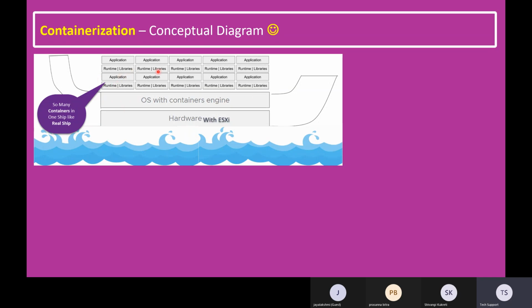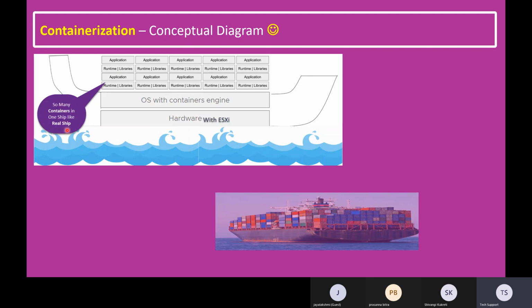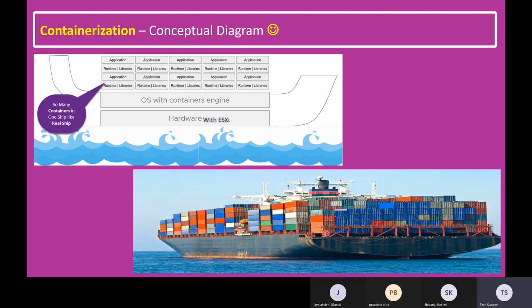If you can configure multiple containers, the icon looks like a big ship running with multiple containers, so many containers on one ship like a real ship. Even on a real ship, if you see the physical view, one ship is managing multiple containers. In the same way, our Docker host is maintaining multiple containers. So this is a conceptual diagram for our easy understanding.